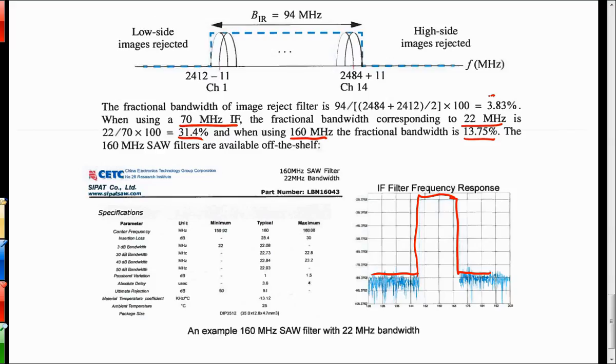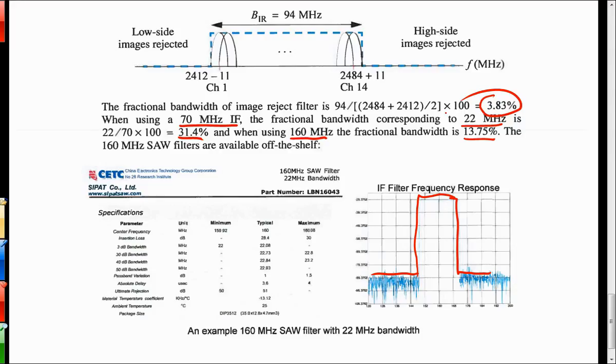I did find the fractional bandwidth through the image reject, and that's 3.83%. And that's controlled by the band itself. You can't do anything about that. You can't move the IF around to change that. That's a function of the center of the Wi-Fi band. That's a fairly narrow percent.